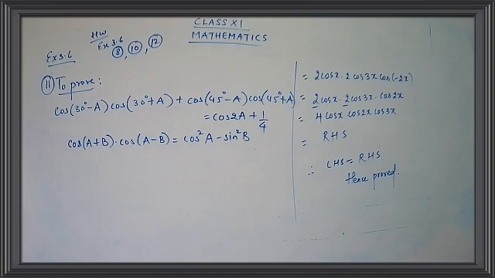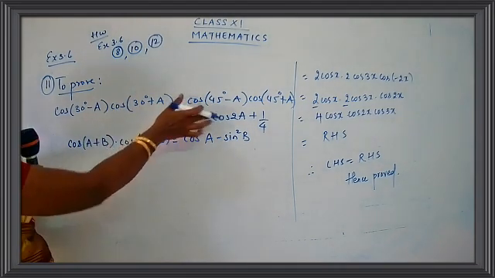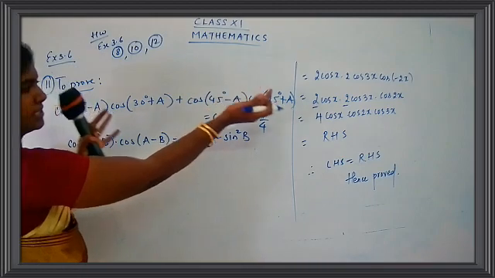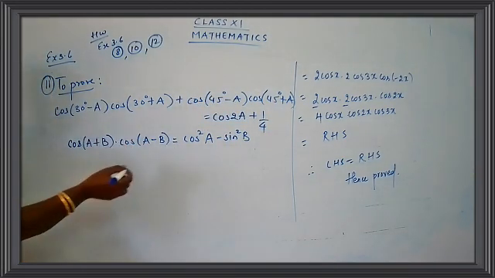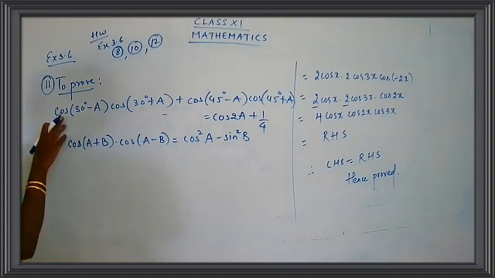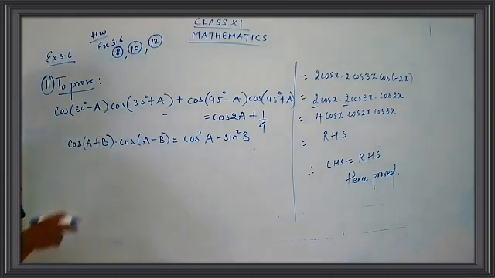Okay, let's proceed further. Let's apply the formula and get the answer. I have told you that you are going to apply this formula for both the sets. We have one set over here and one set over here. Let me apply the formula for the first part: cos 30 degree minus a, cos 30 degree plus a. The formula is cos square a minus sine square b.